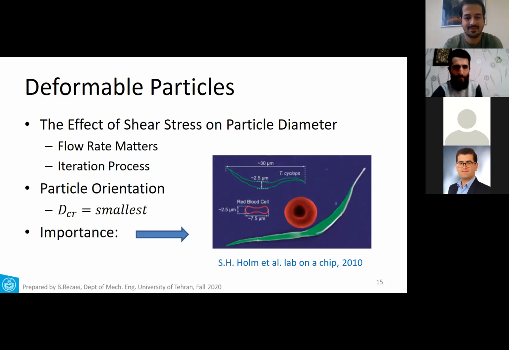It has been seen that particles, when they want to pass through these gaps, change their orientation, so that the smallest dimension becomes the effective diameter. You can see this in the picture. Let's go to the next slide.